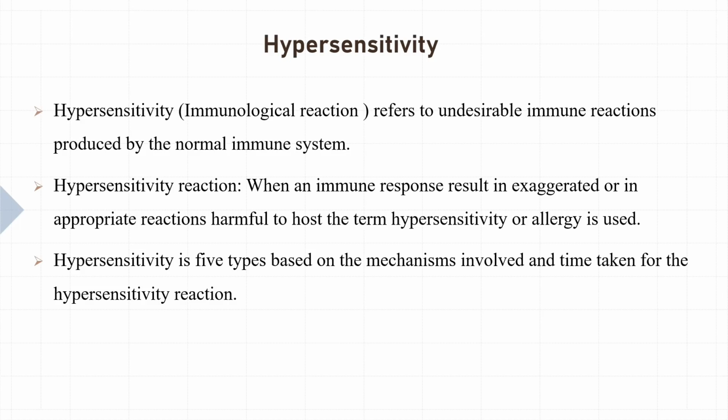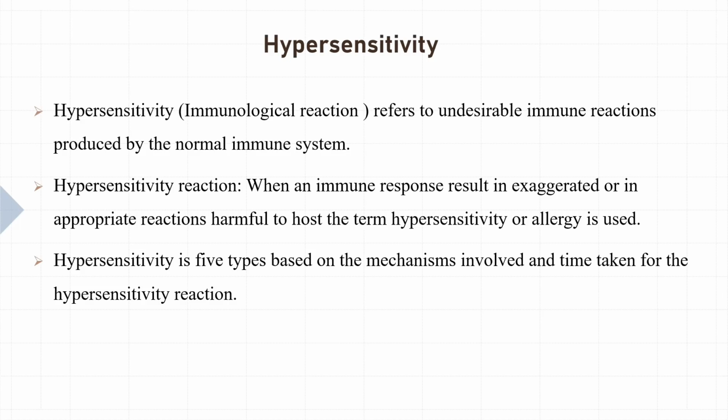Hypersensitivity does not occur in all human beings. Only 10% of the human population suffers from hypersensitivity. The factors causing hypersensitivity are called allergens, and hypersensitivity is also generally called allergy. Hypersensitivity can bring its symptoms either immediately, within a minute, or in a delayed state after 24 to 48 hours.